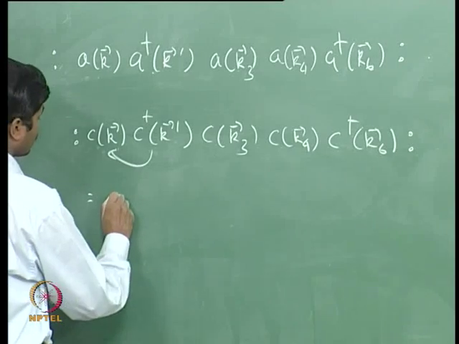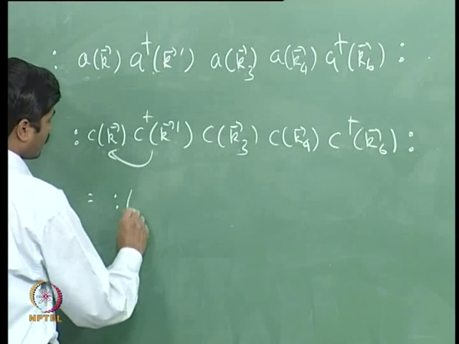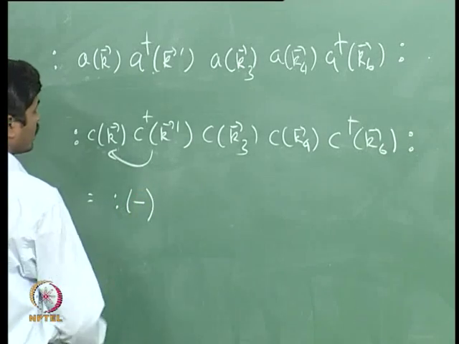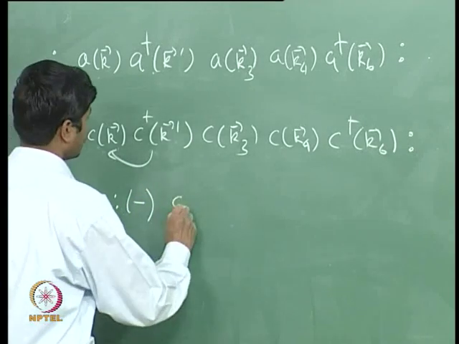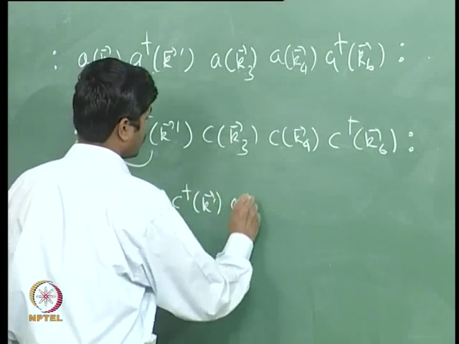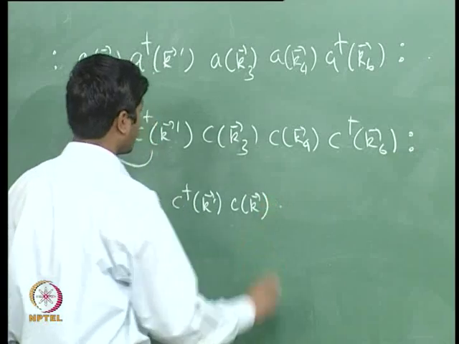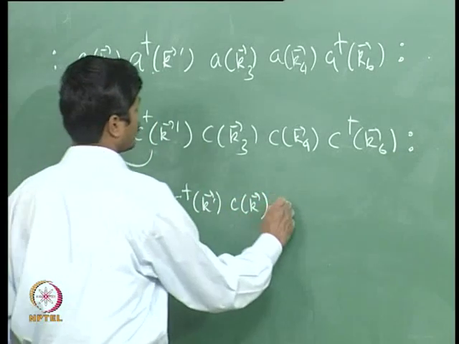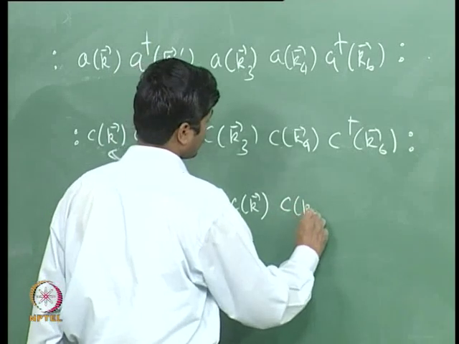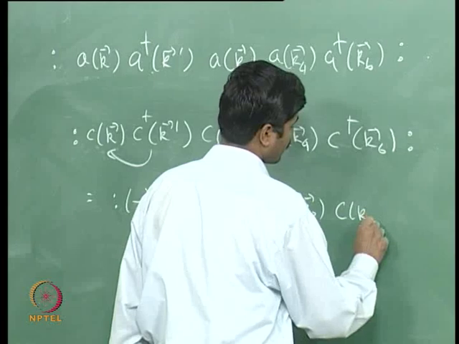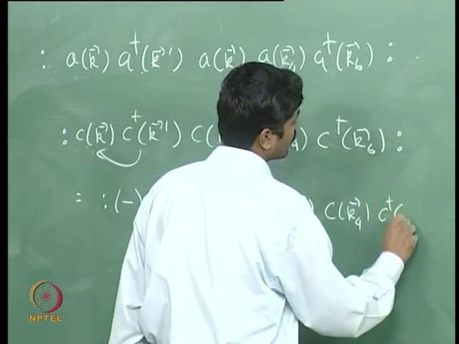This is just the normal order product of minus C dagger of k prime, C of k, and then C of k3, C of k4, C dagger of k6.